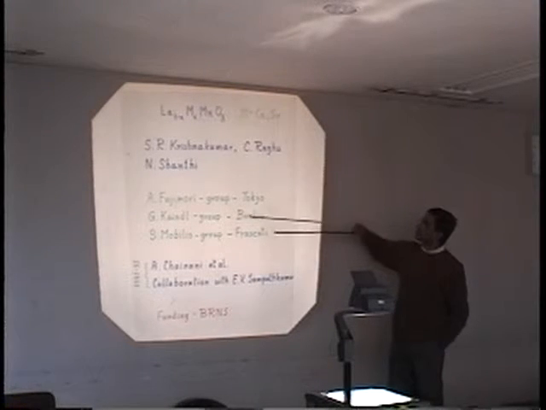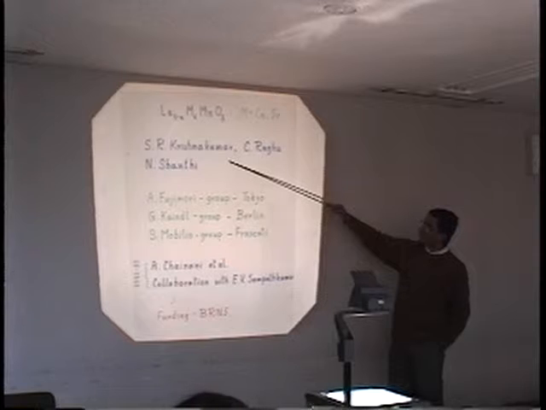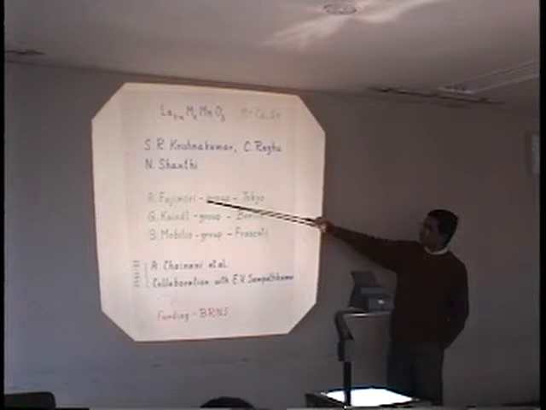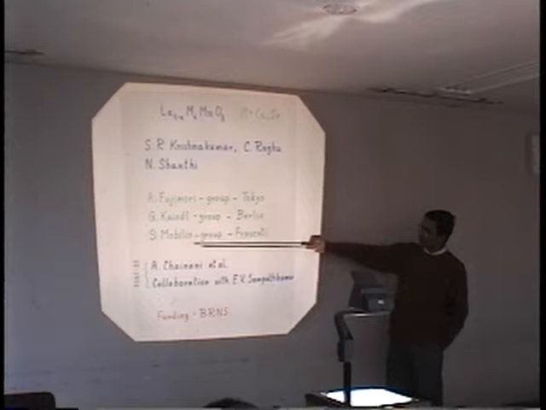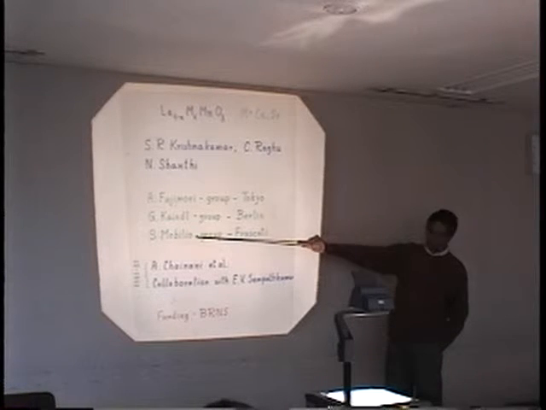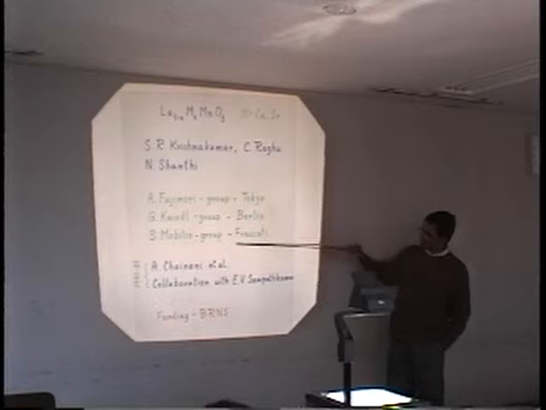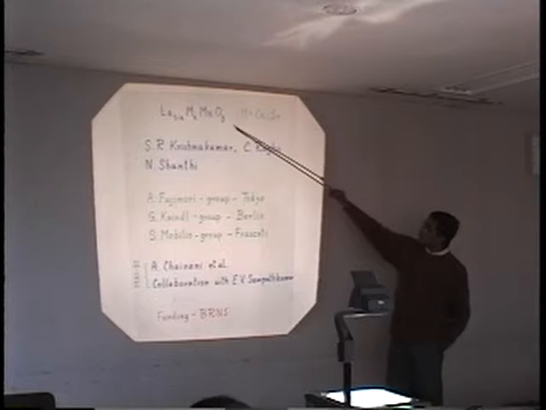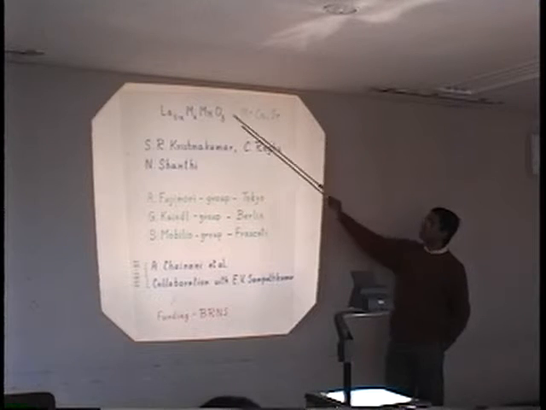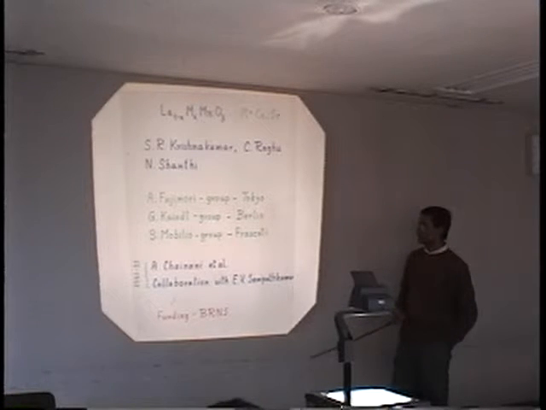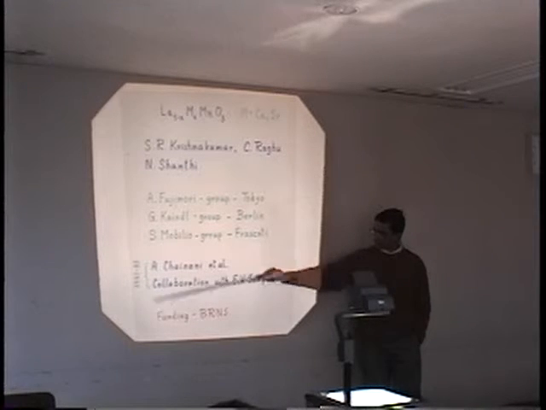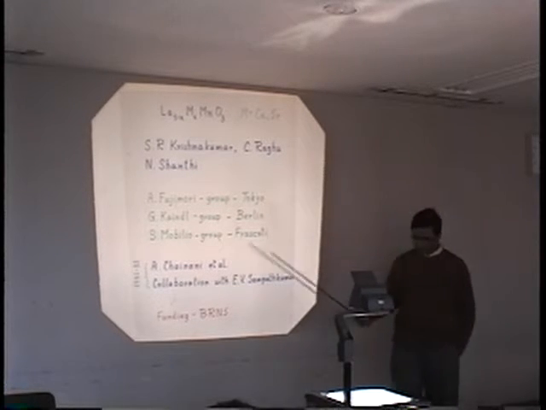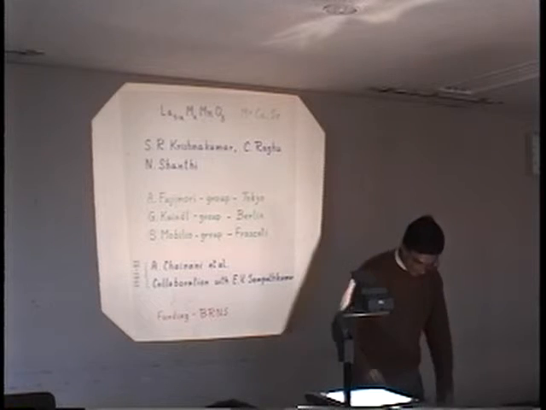This is again a collaboration between my group in Bangalore, Professor Fujimori's group in Tokyo, Professor Tangel's group in Berlin, and some very recent result that I'm showing you from Professor Mobilio's group in Frascati. We had looked at this problem in the early days before much hullabaloo about these systems started in 95, and those works were done in the range of 91 to 93, and I'll show you some of these results.